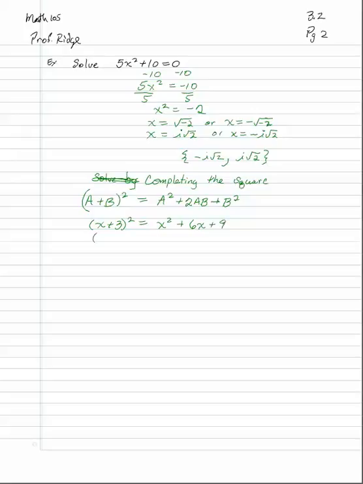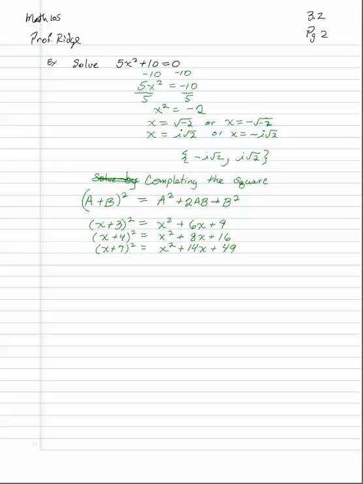If you do x plus 4 squared, it's x squared, plus 2 times x times 4, which is 8x, and then 4 squared, 16. x plus 7 squared, the x squared, plus 2 times x times 7, that's 14x, plus 7 squared is 49.